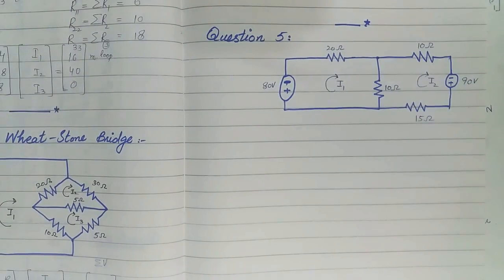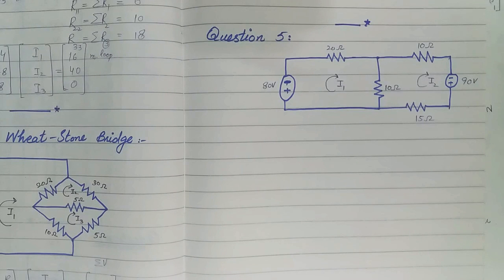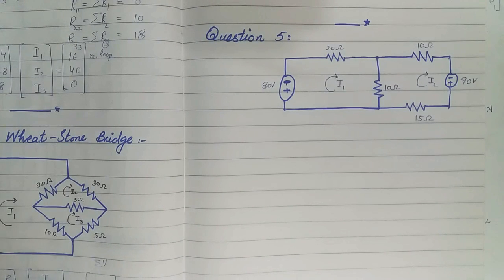You have to construct matrices for this given electrical circuit and then solve using matrices, either by the Gauss elimination method or the Gauss-Jordan method. And that's all about today's lecture.